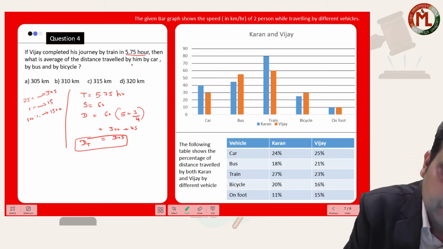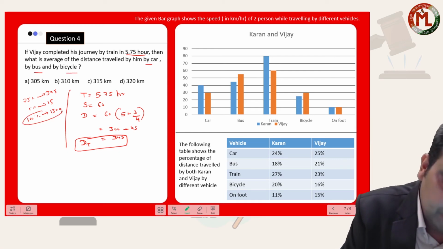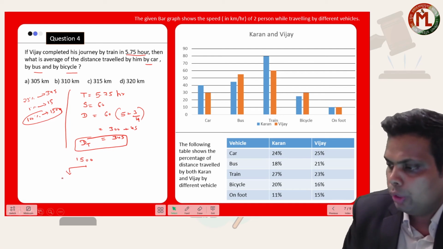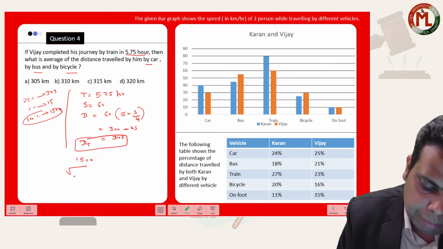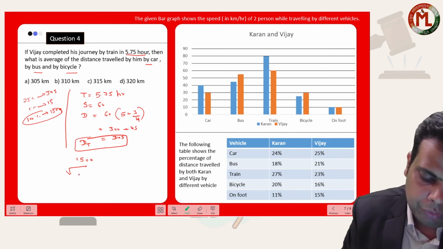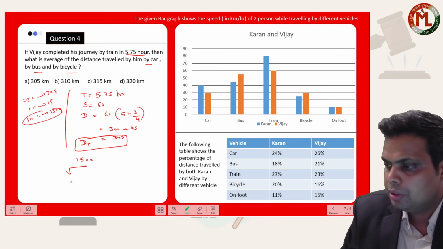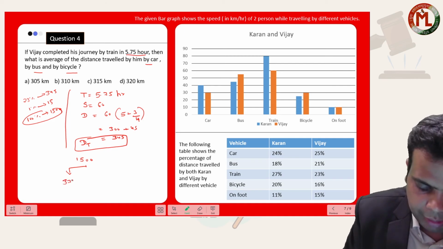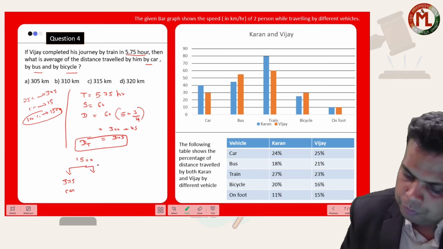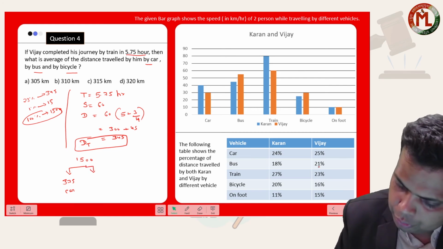Now it says the average distance he travels by car, bus and bicycle. In 1500, Vijay travels by car 25%. Again you can do it orally. 10% is 150, 20% is 300, and 5% is 75, means 375 by car, correct? Now the second, bus, is 21%.